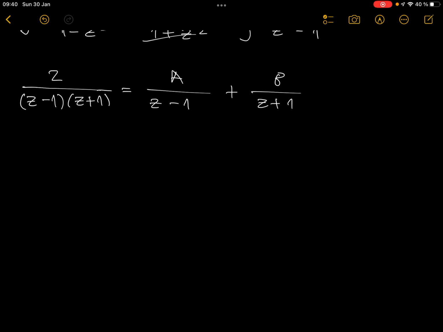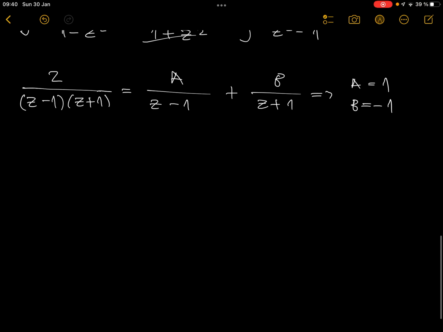So using the cover-up method, z is 1, 2 over 2, so from here, a is equal to 1. And from here, z is minus 1, and b is equal to minus 1.